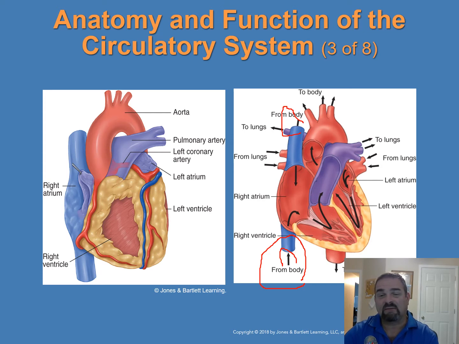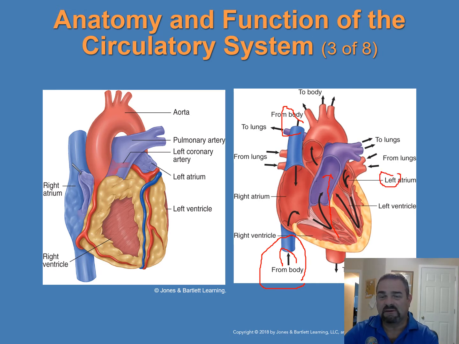They come into that right atrium, and it pushes the blood down into the right ventricle. Then the right ventricle sends it this way, up into the lungs to be oxygenated. Once it's received its oxygenation and gotten rid of its carbon dioxide, it comes back into the left atrium, as you can see right here.